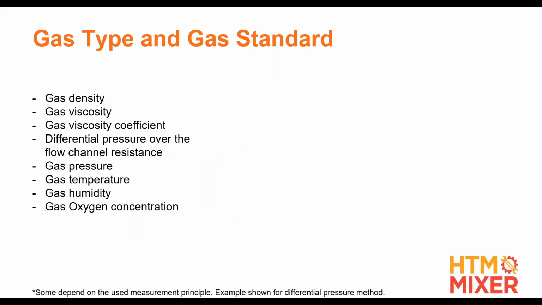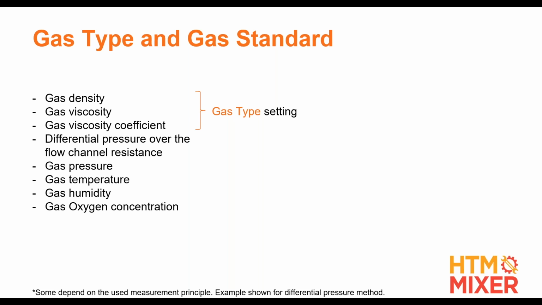We'll get a little more in the weeds here. Gas density, viscosity, and viscosity coefficients are all gas type settings. Those all change based on how much oxygen you're using. In rare conditions, you might have heliox or something more exotic, but almost all the time you're going to be measuring air and some level of oxygen, okay?